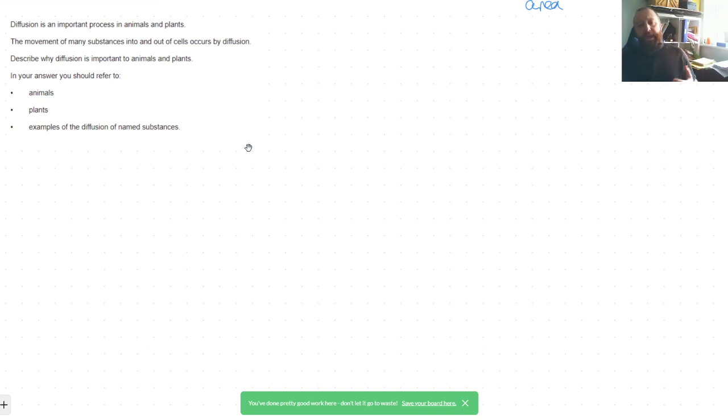So if we knew a bit about diffusion, the question was generally done really, really well. If you knew what diffusion was, you could probably work out enough to get at least 4 marks on it. So people either did at least 4 marks or they got pretty much nothing at all.